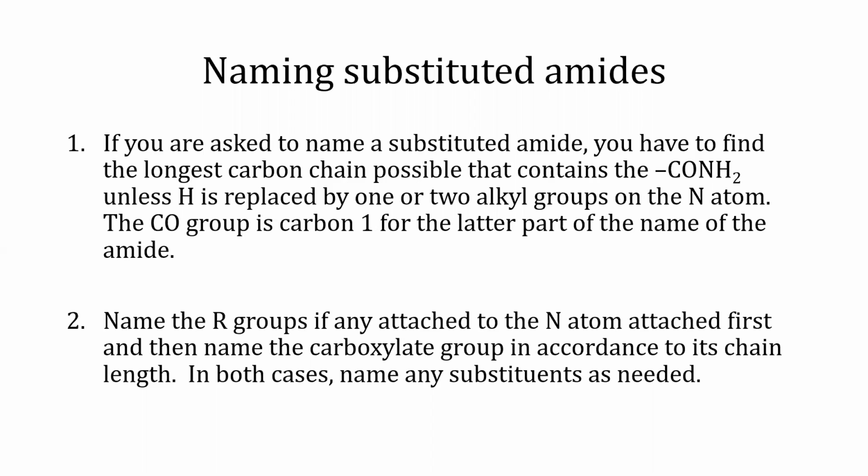The CO group is carbon 1 for the latter part of the name of the amide. 2. Name the R groups if any are attached to the N atom first, and then name the carboxylate group in accordance to its chain length. In both cases, name any substituents as needed.